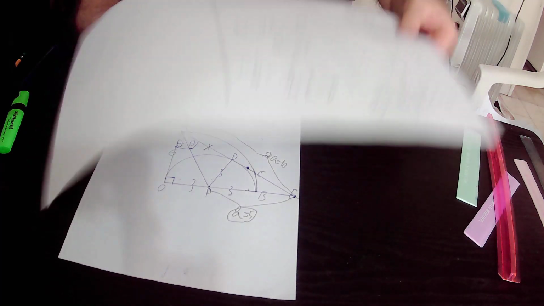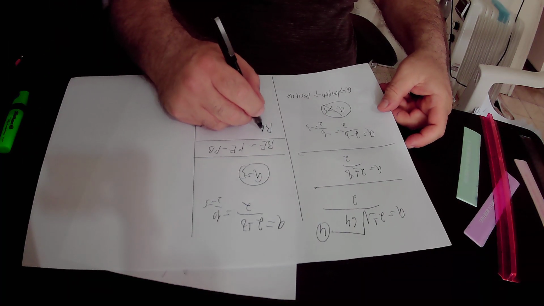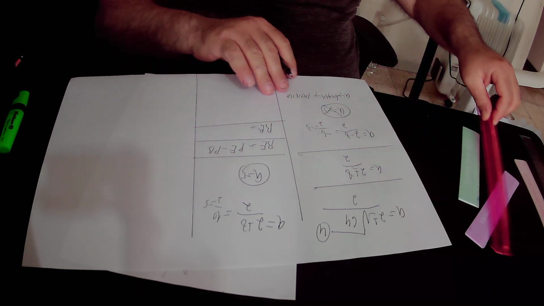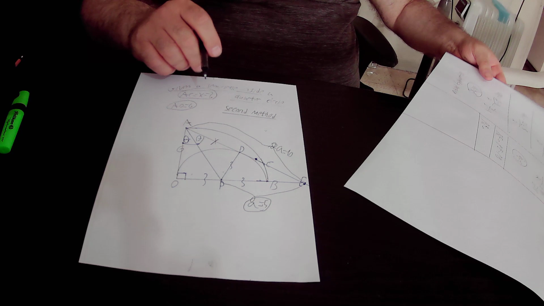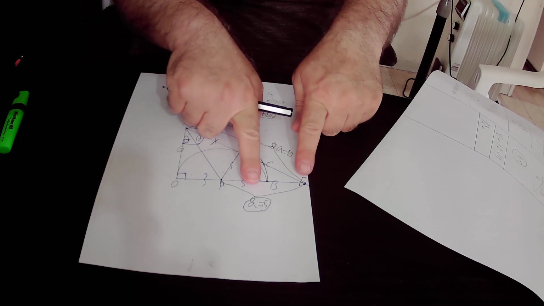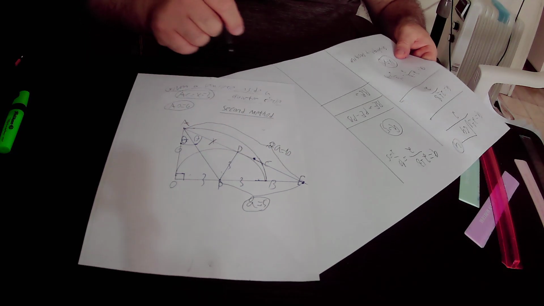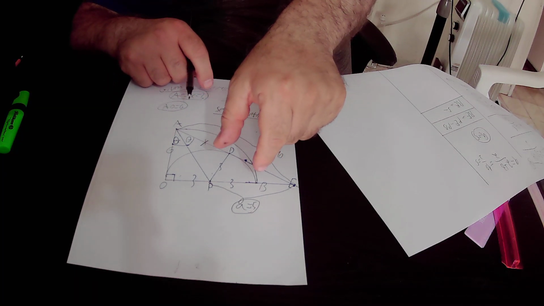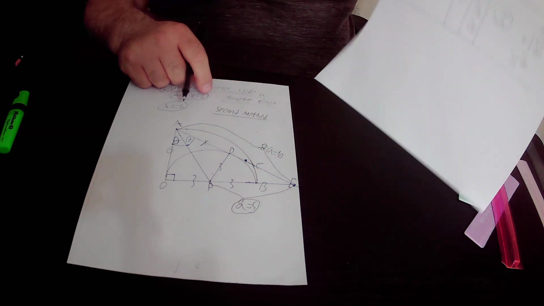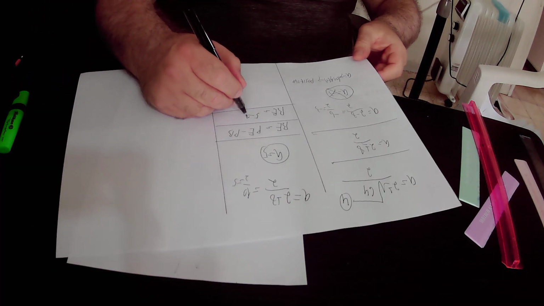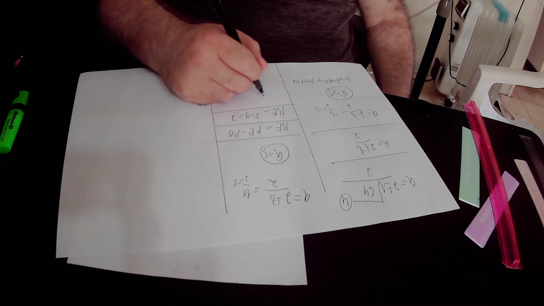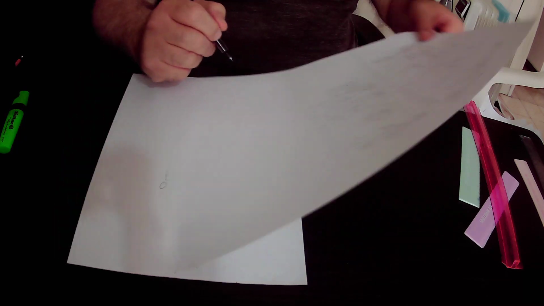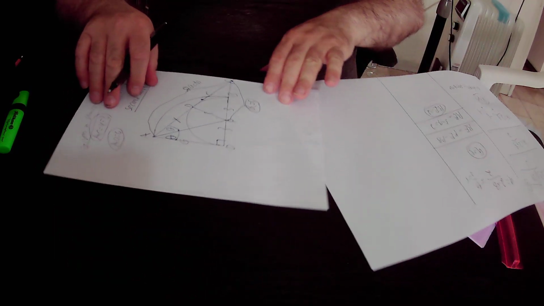So BE equals PE, that is 5 units, minus PB. PB is the radius of the semicircle, that is equal to 3 units. So in conclusion, we found out that BE equals 5 minus 3, that is 2. So BE equals 2 units. So we can write here that BE equals 2 units.